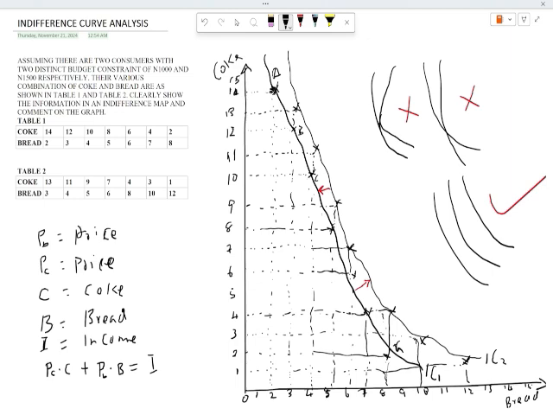So if for any reason income increases, we have another indifference curve like this. Let's say IC3. You understand?